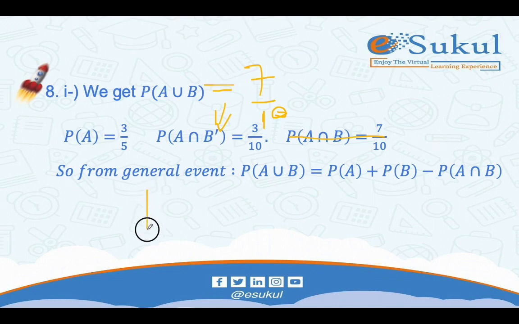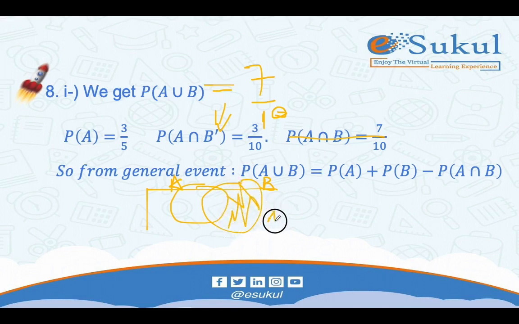We remind ourselves that if you have two sets, this is A, and then we have B. So A complement intersection B has these elements, and this here is the intersection, A intersection B. The probability of B equals the probability of this set plus the probability of this set.